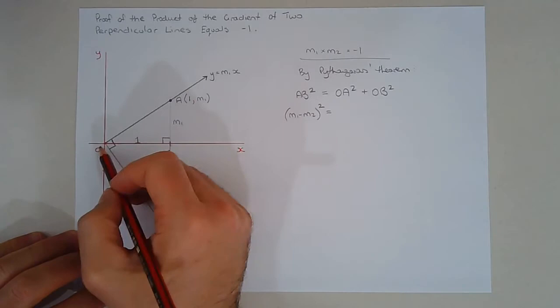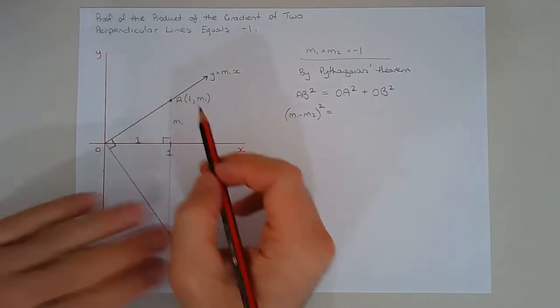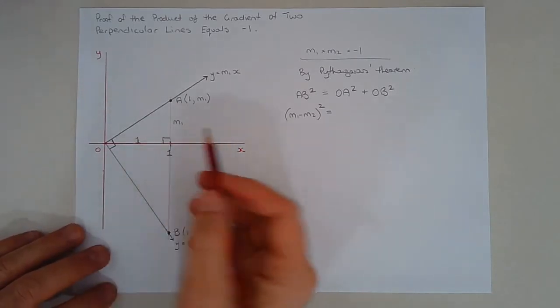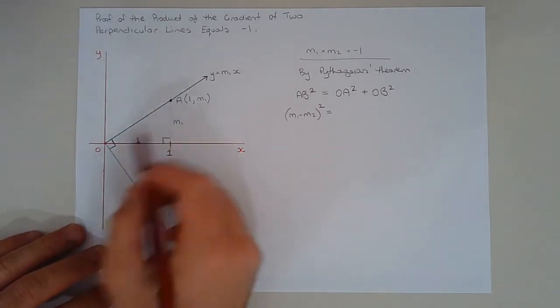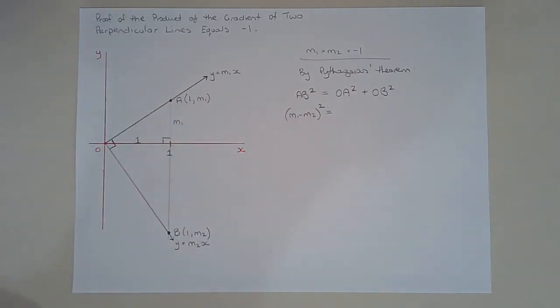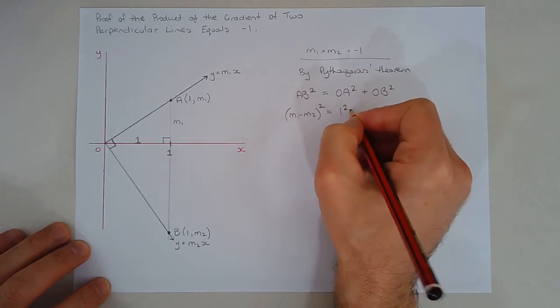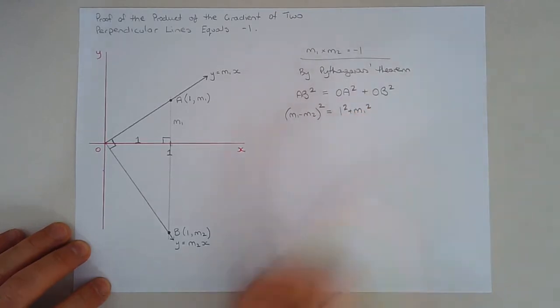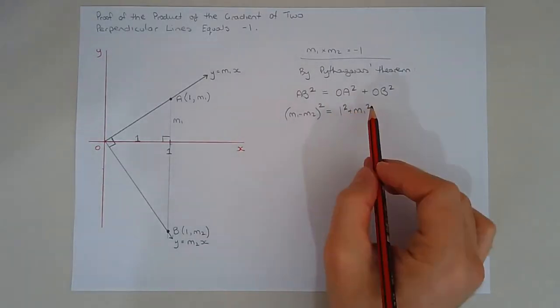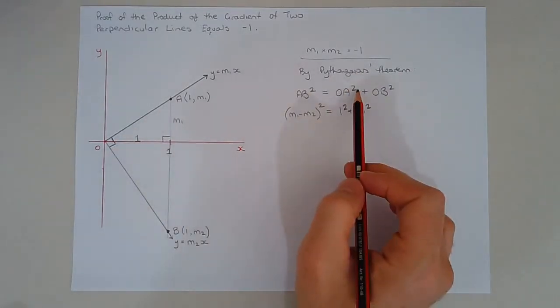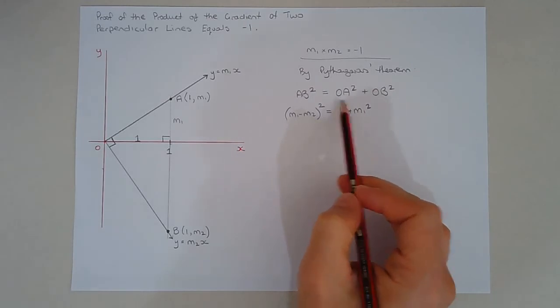The square of the smaller hypotenuse OA is 1 squared plus m1 squared. We don't need to take the square root because OA is already squared, which cancels out the square root. That's why I'm not showing a square root here.